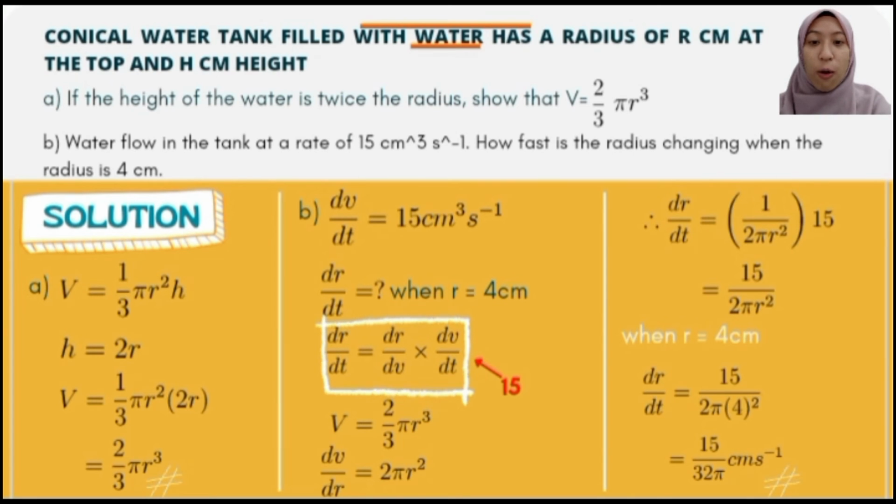Therefore, dr over dt is equal to 1 over 2 pi r square times 15, and we get 15 over 2 pi r square. When the radius is 4, dr over dt is equal to 15 over 2 pi times 4 square. It becomes 15 over 32 pi cm per second.